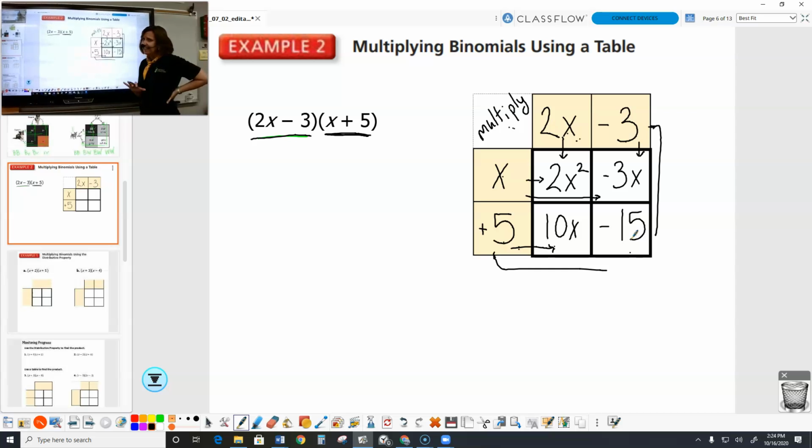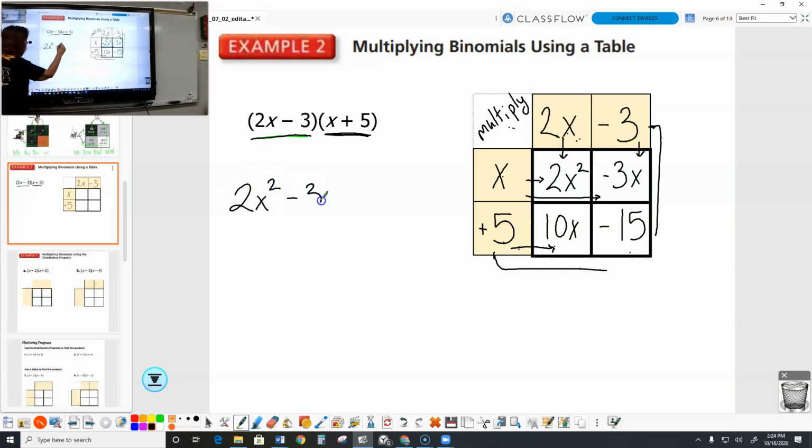Now, we can't leave it in the boxes, but we're going to just take each box and we're going to write them out. So we're going to have, let me write them over here, 2x squared minus 3x plus 10x. I know it's plus because that one's positive. And then minus 15.